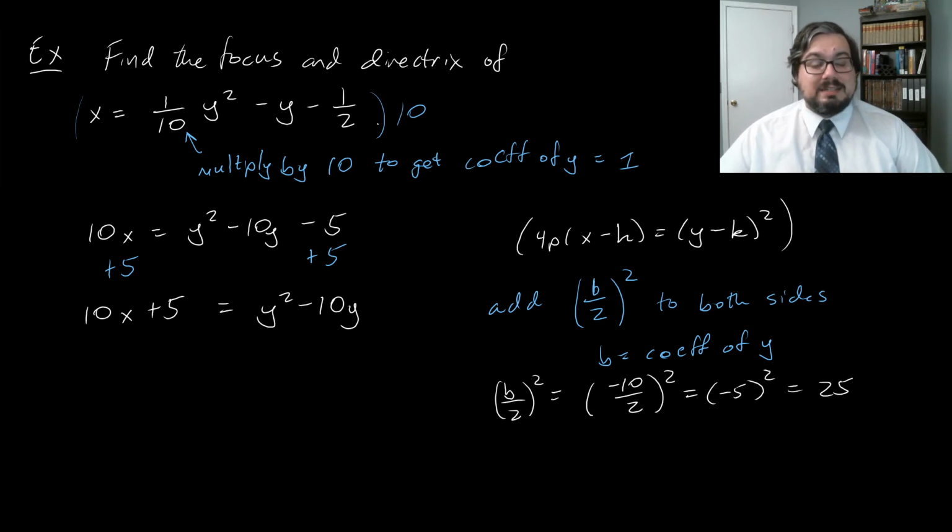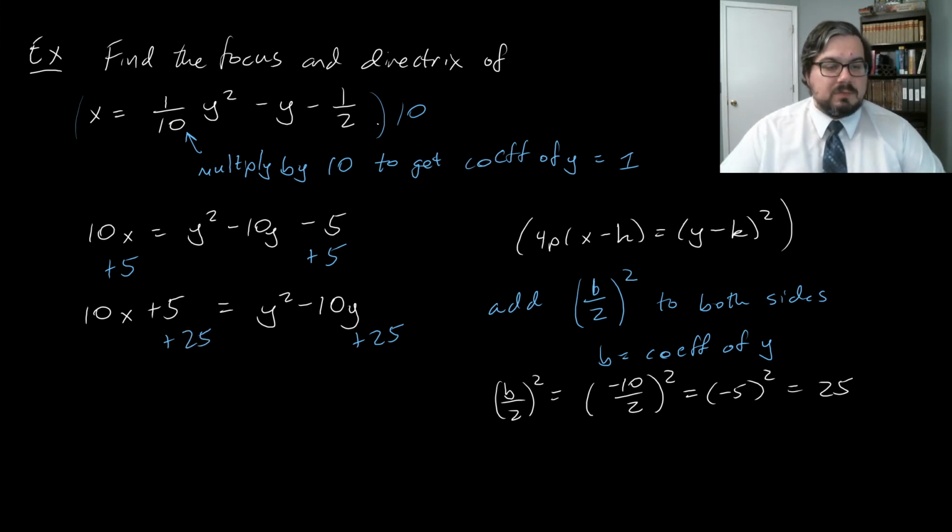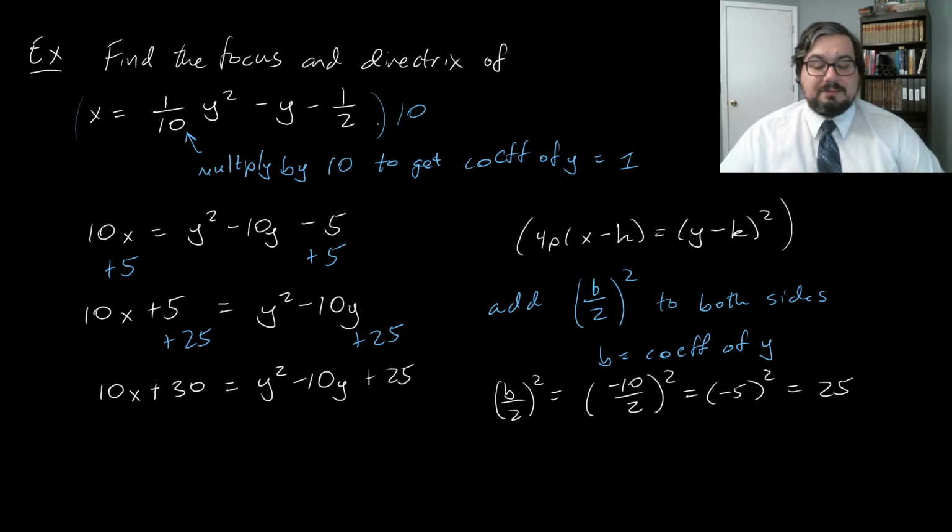If we add 25 to both sides of this equation, then the right-hand side is in fact going to become a perfect square. So we end up with 10x plus 30 on the left equals y squared minus 10y plus 25. Now, when we go to factor the right-hand side, it will become y minus 5 squared.